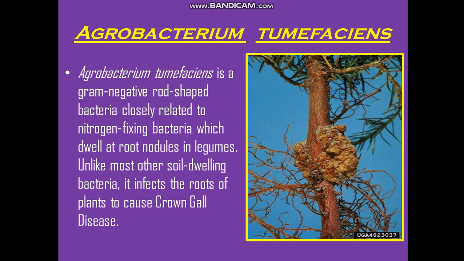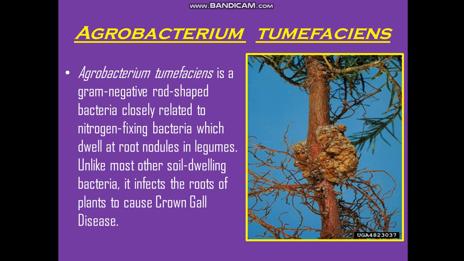So how does it actually function? That is an important point of discussion here. But before continuing, you should understand what was happening in the root nodules. The nitrogen fixing bacteria were forming these nodules. Similar kinds of nodules, the galls, are being formed by Agrobacterium tumefaciens.